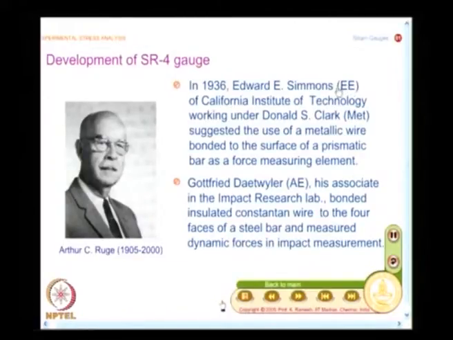He was working under Donald S. Clark, who was a metallurgy and material scientist, and the person who actually measured the force was an aerospace scientist. See, only when different minds meet, new ideas develop, and Simmons was credited to be very inventive in his approach.